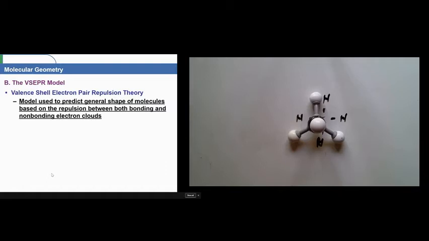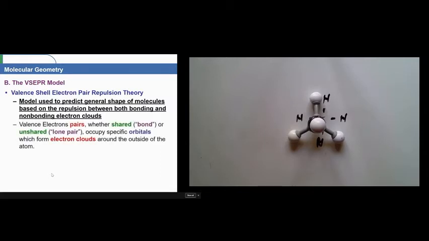And this is a model, same thing as a theory, used to predict the general shapes of molecules based on the repulsion between both bonding and non-bonding electron clouds.